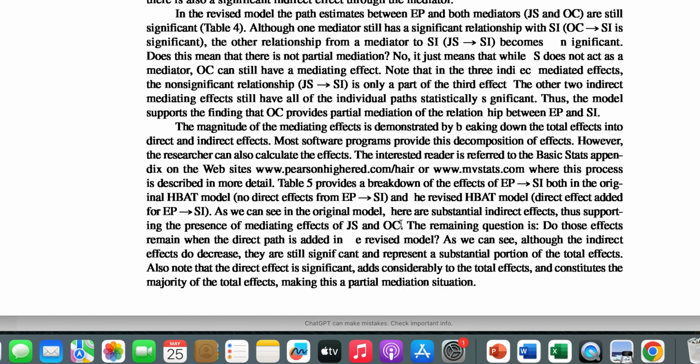No, it just means that while JS does not act as a mediator, OC can still have a mediating effect. Note that in the 3 indirect mediated effects, the non-significant relationship JS to SI is only a part of the third effect. The other two indirect mediating effects still have all of the individual paths statistically significant, thus the model supports the finding that OC provides partial mediation of the relationship between EP and SI.